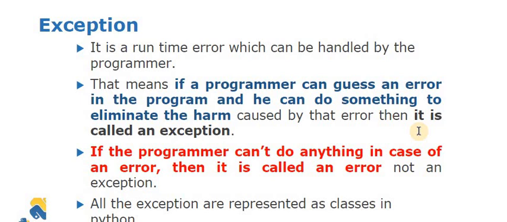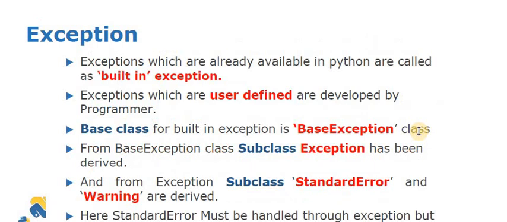So if we want to catch particular exceptions in Python, we can do it with the classes in Python. Now, the exceptions which are available in Python are called built-in exceptions. Built-in means already available.